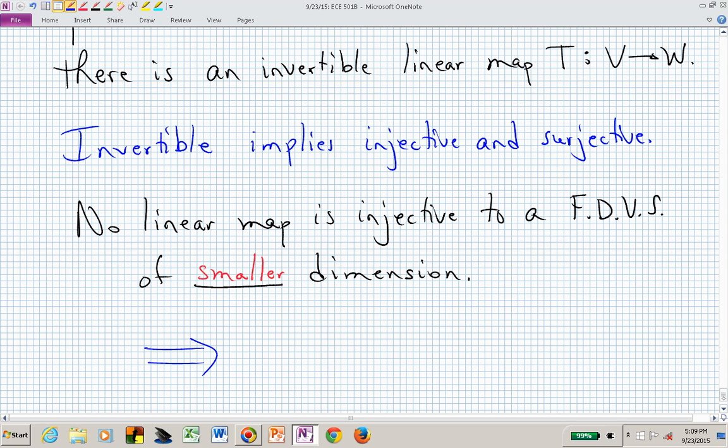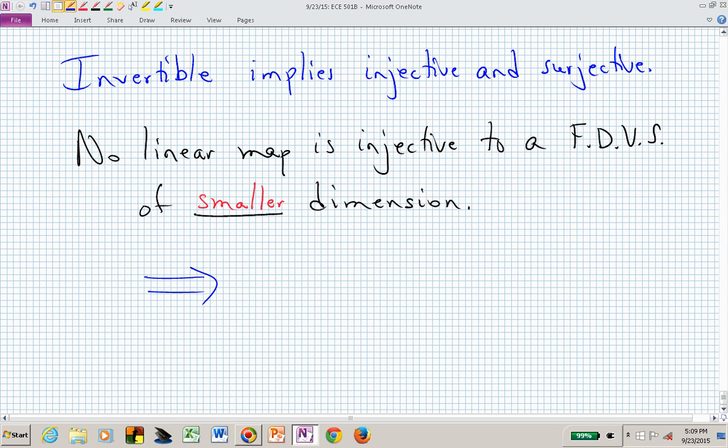We're going from V to W, and we want W to not be any smaller than V, right? So this says that we need the dimension of where we started to be less than or equal to the dimension of where we're going. That's the implication of a map being injective.